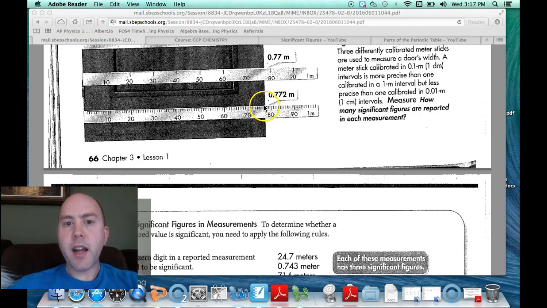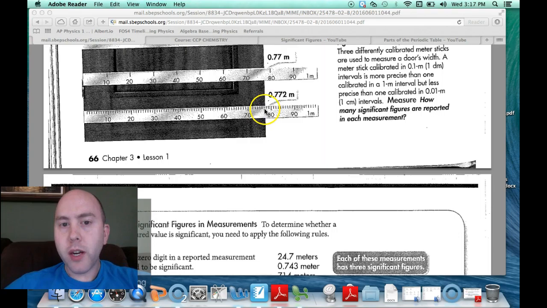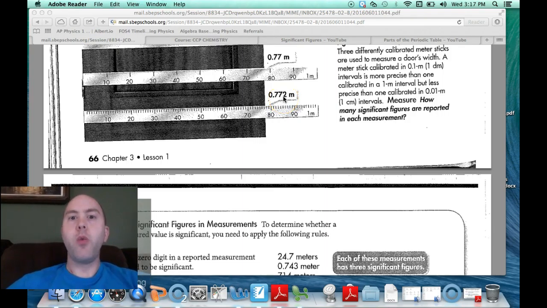So you know for a fact it's 0.77, and then it's somewhere in between 77 and 78. Since it looks like it's just barely past that little mark right here, the 77, they said 0.772. But again, you know for a fact it's 0.77, but you don't know this number right here, so that's the estimate.